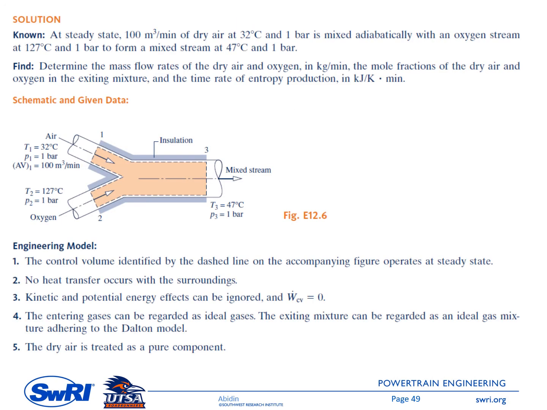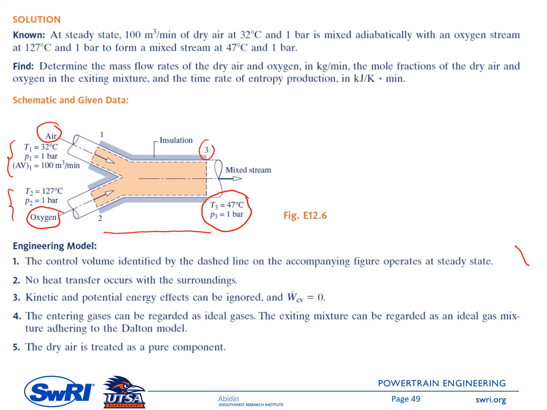This is the schematic of the system. We have two streams mixed together: first is air, and the second is oxygen, along with the given conditions here. Then at state 3, after they mix, we have T3 of 47 degrees C and P3 of 1 bar.